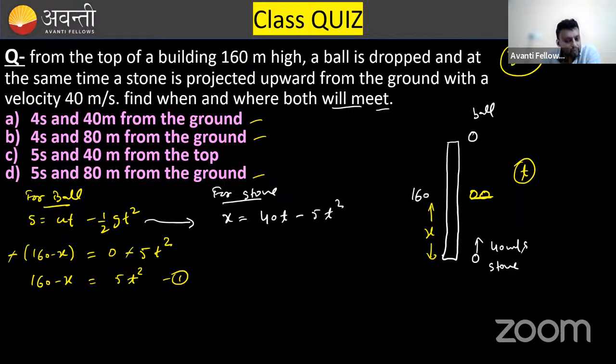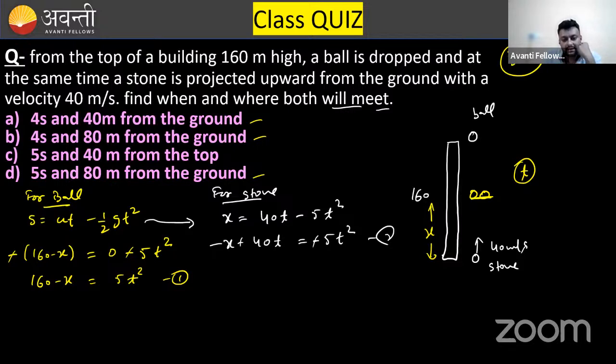Is it clear? So you can see that X minus 40t is equals to minus 5t square, or I can transfer this minus sign, so X minus 40t is equals to minus 5t square. Clear? So this is our equation number two.